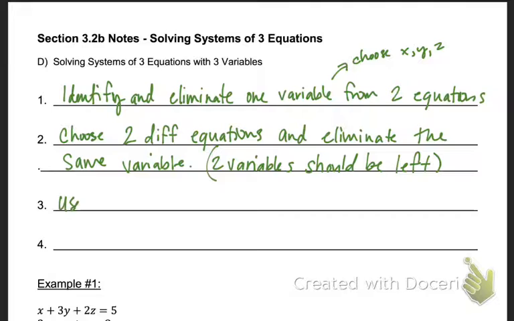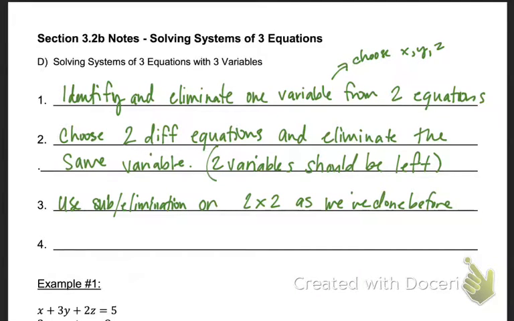Now use substitution or elimination on the 2 by 2 as we've done before, in the first half of this section.